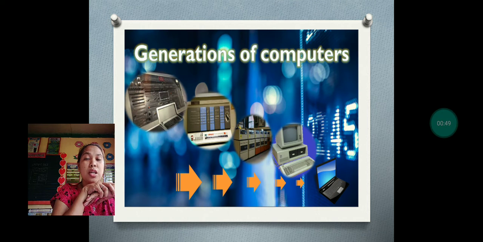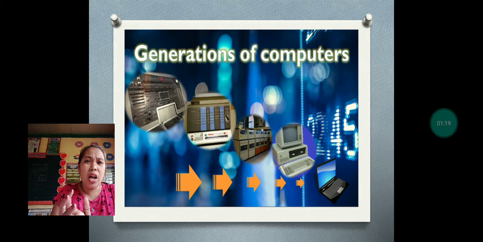When we say generation in computer terminology, it is a change in technology. Initially, this term was used to distinguish between varying hardware technologies, but nowadays both software and hardware work together to make the entire computer system.